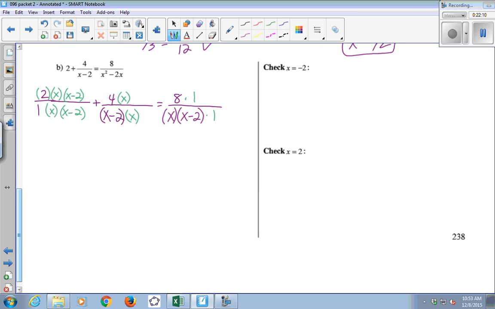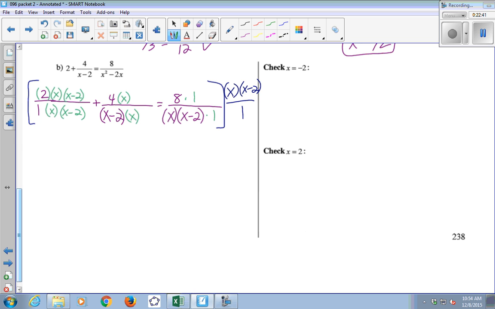Now my next step is to get rid of my common denominators. I want to multiply both sides of this equation by the common denominator. So just in the interest of saving space, I'm putting parentheses around the entire equation, and I'm going to multiply the entire equation by x times x minus 2 over 1. Right, so we have to multiply every single term on both sides by x times x minus 2.